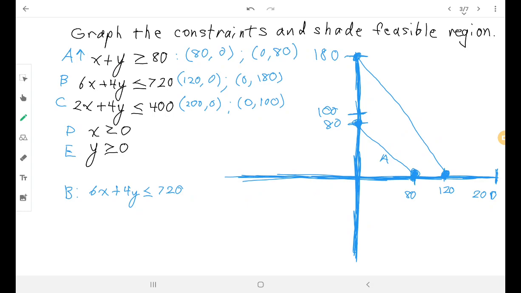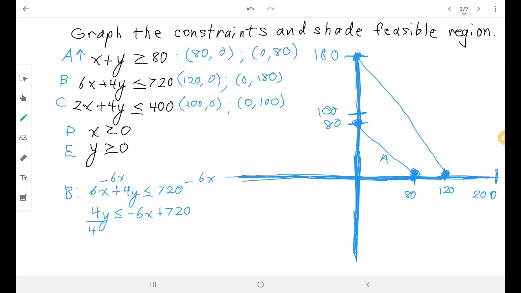So let's solve it for y. We'll have to subtract 6x on both sides. That's not going to change anything. So 4y is less than or equal to, traditionally you'd put negative 6x plus 720, because you want the x part out in the front there.